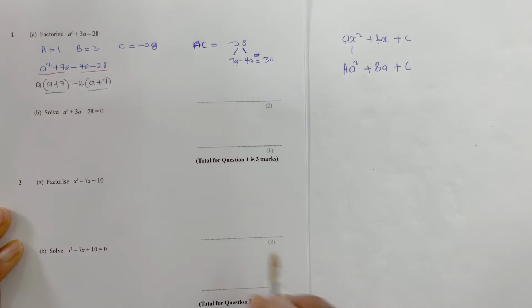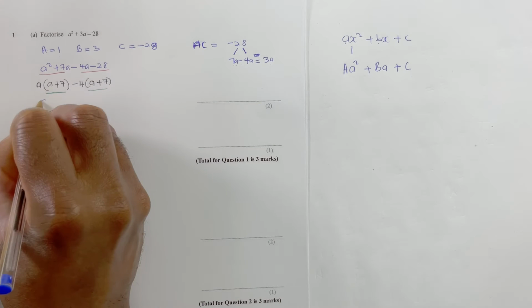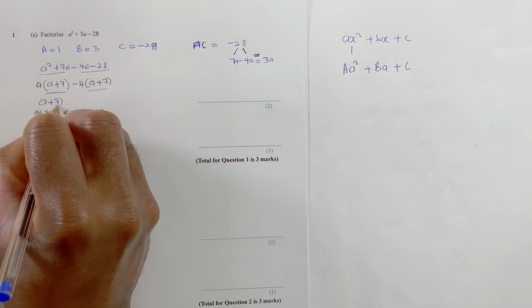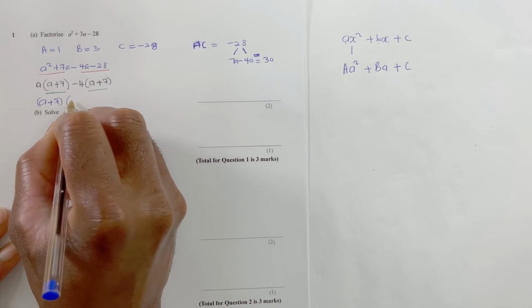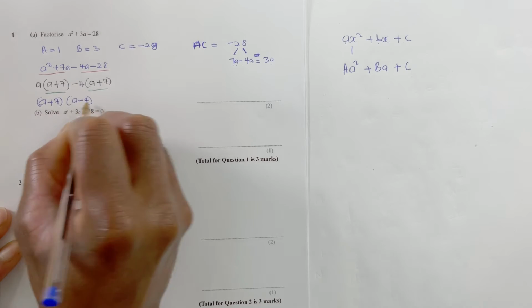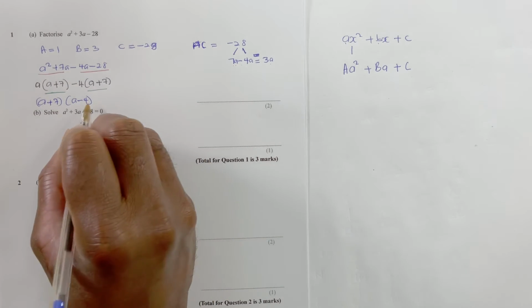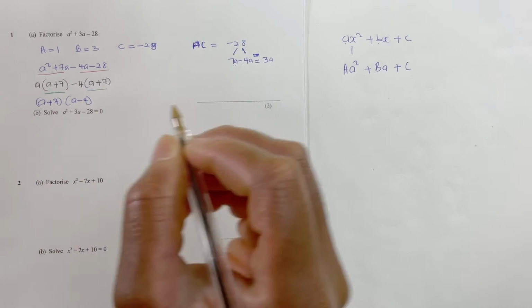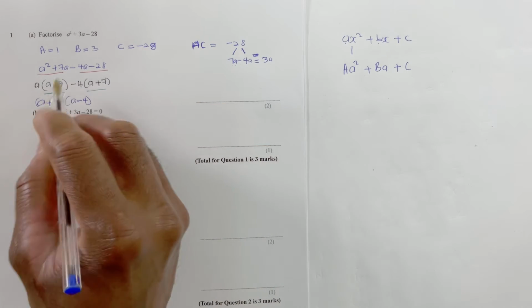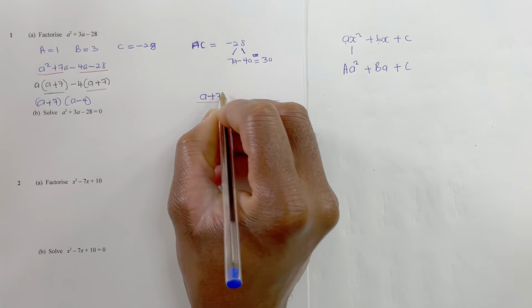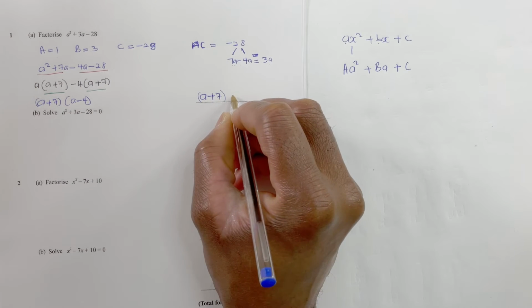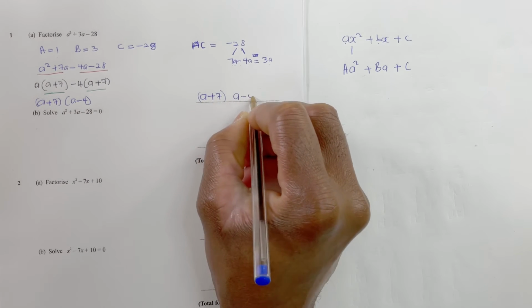And so what's left is going to be A plus 7 is a factor, and A minus 4 is a factor. And therefore, I can get the factors now for that one: A plus 7, A minus 4.